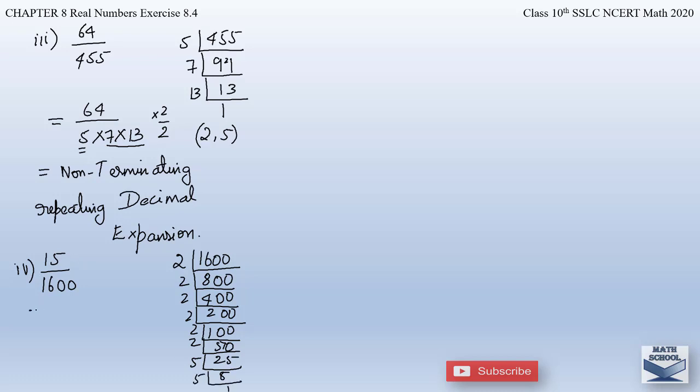So we can write the factors as 15 divided by 2 power 6 into 5 square.